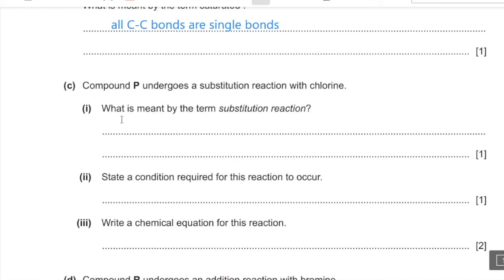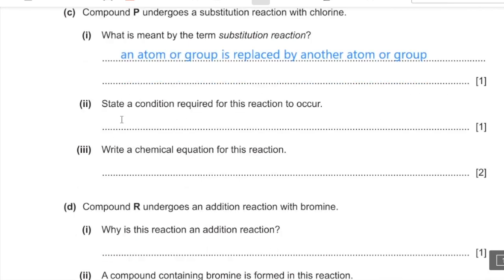1. What is meant by the term substitution reaction? 2. State a condition required for this reaction to occur.